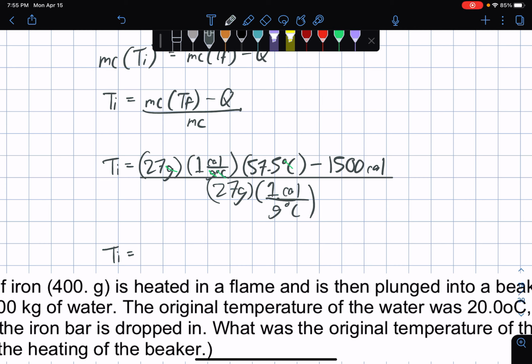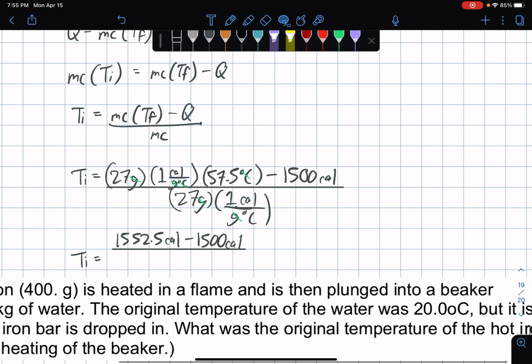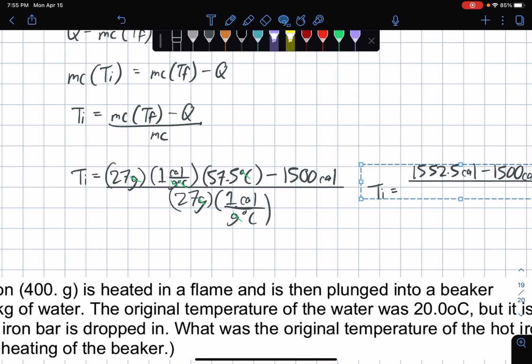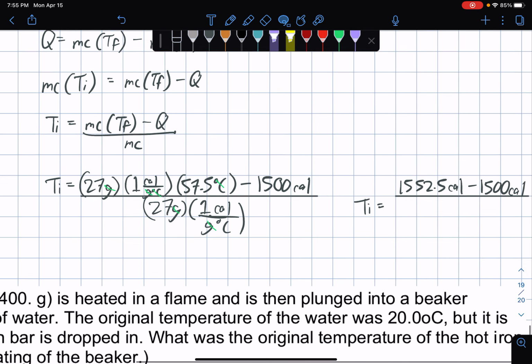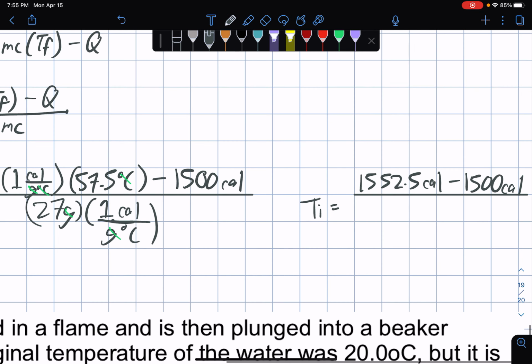So 27 times 1 times 57.5 is equal to 1,552.5 cal, and then minus 1,500 cal, over grams, calories over degrees Celsius, 27.